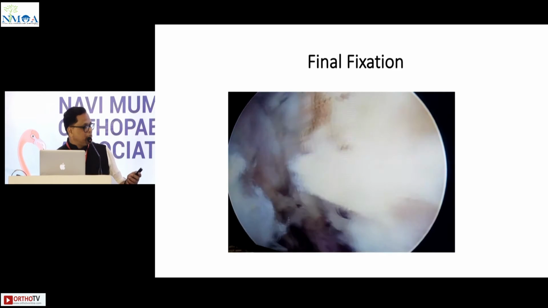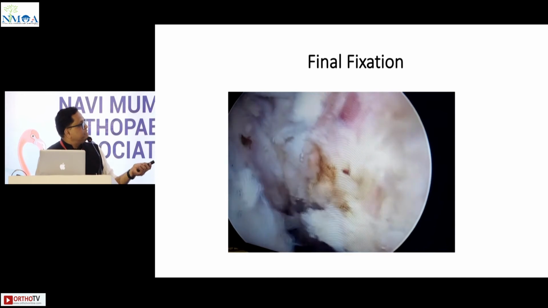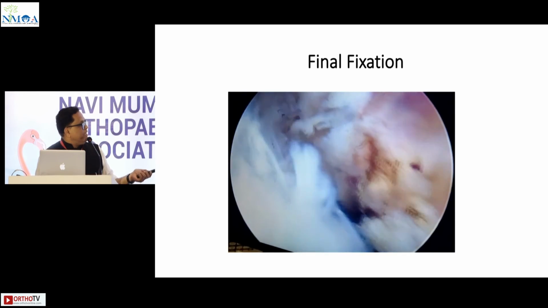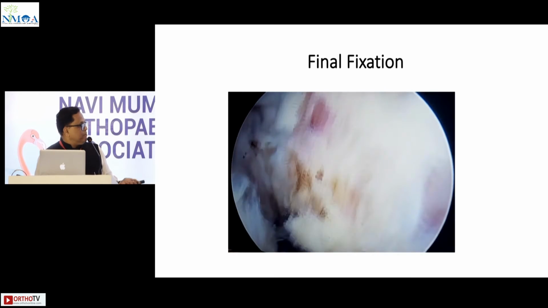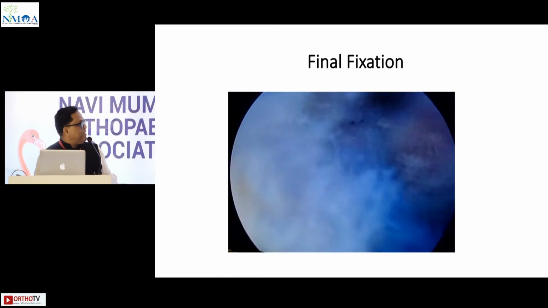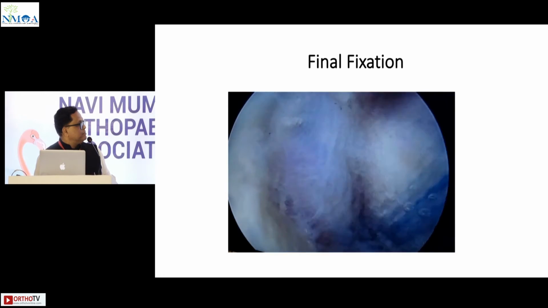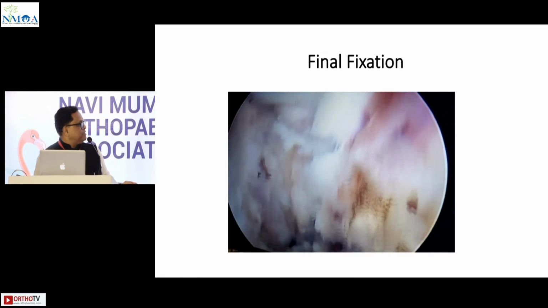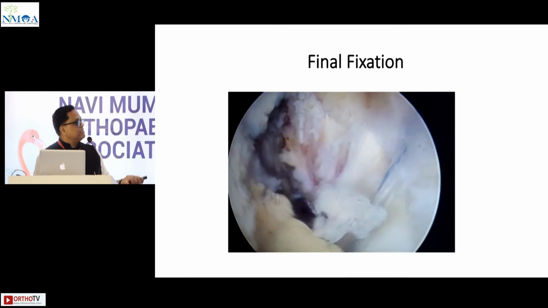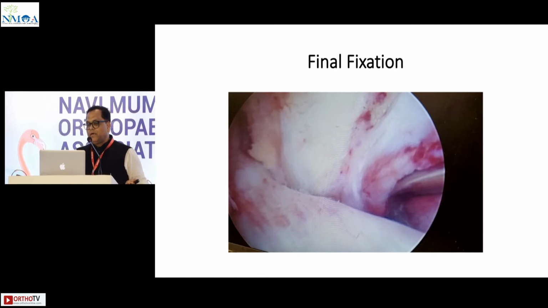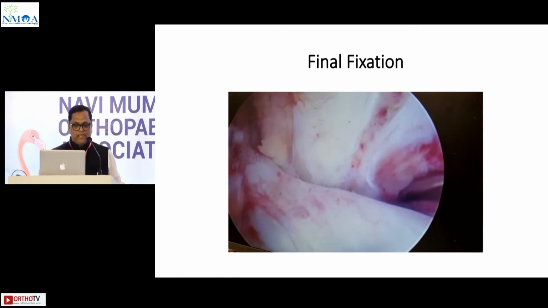We can see the robust fixation of the PCL avulsion. The whole bed is covered, with one guide wire, one suture tape on this side and another suture tape on the other side. This is one side, and this is the lateral side. We can see the fracture is well fixed, and this is from the anterior side.